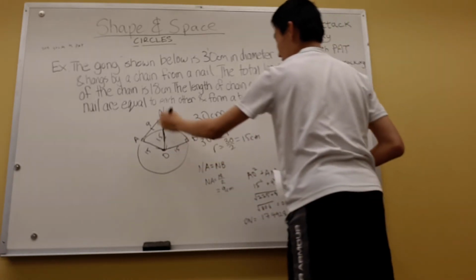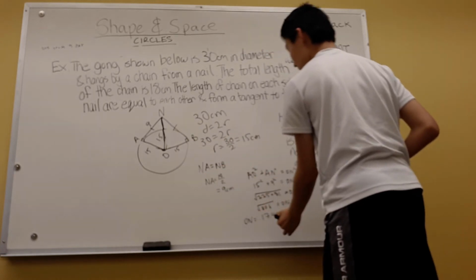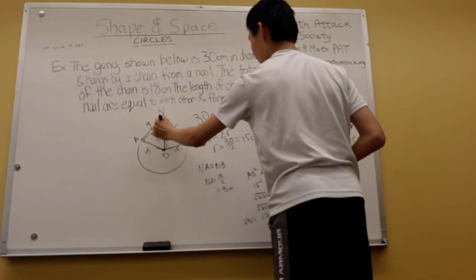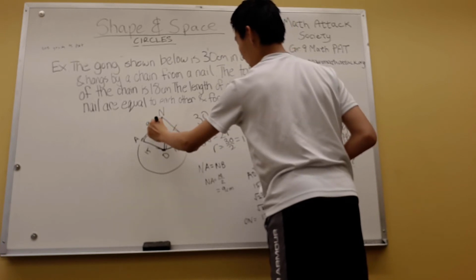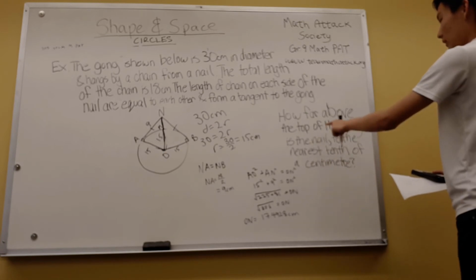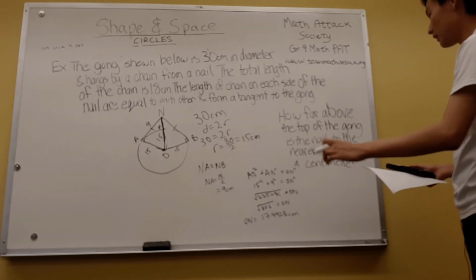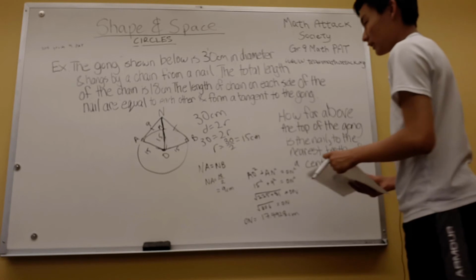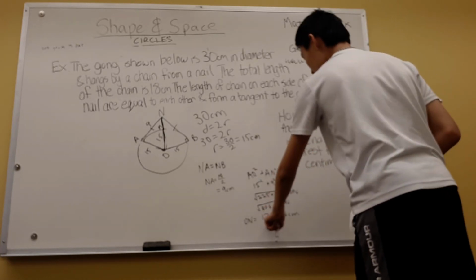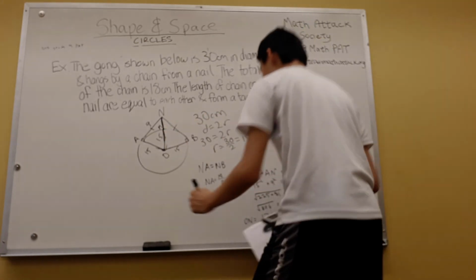Now that we know that, we can use this number and subtract 15 to get this length, which we'll call M. So NM is what we're looking for, how far above the top of the gong the nail is. So NM equals this number subtracted by 15.